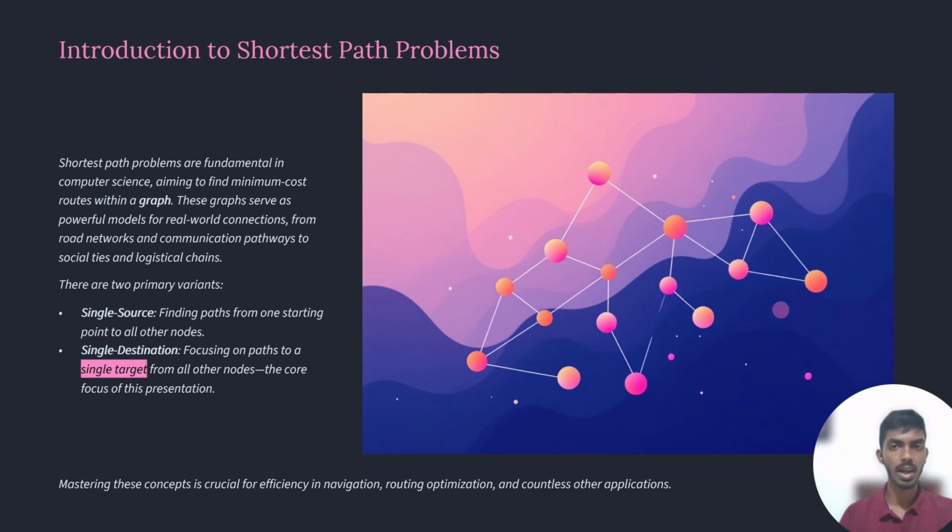That's what we are focusing on today. These problems power navigation, logistics, and routing. Basically, anything where shortest and cheapest matters. We can see they are actually very closely related.